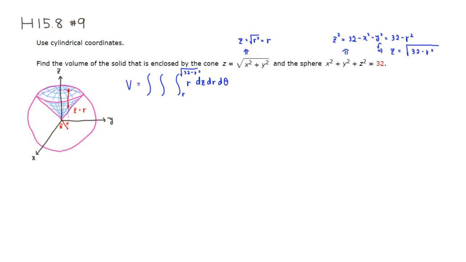The next step: r is going to start from, say, 0. Then you can go all the way to the edge, where the intersection of the sphere and the cone is. In order to find the intersection of the sphere and the cone, we can just plug z equals r into the sphere.